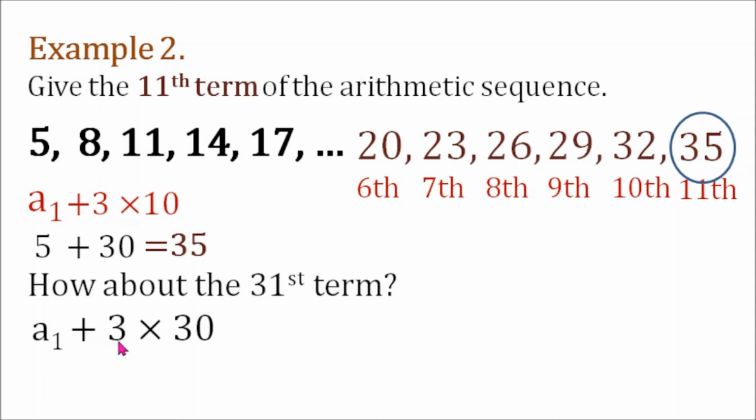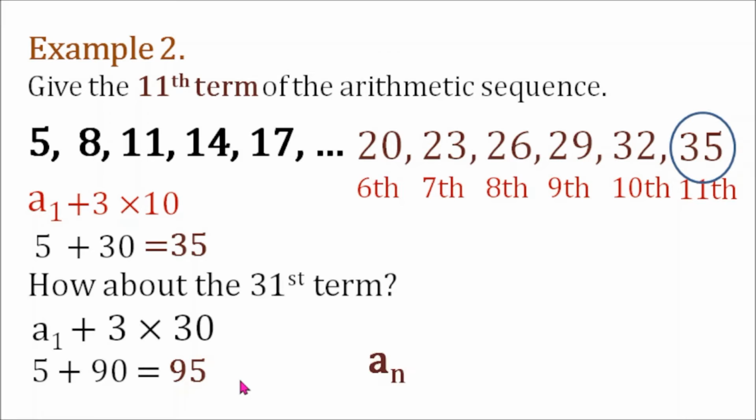Then we add 3, this time 30 times. Why 30 times? Because we are asked to find the 31st term. Here, we were asked to find the 11th term, and we added 3 ten times. So the first term is 5, then 3 times 30 is 90, so that is equal to 95.